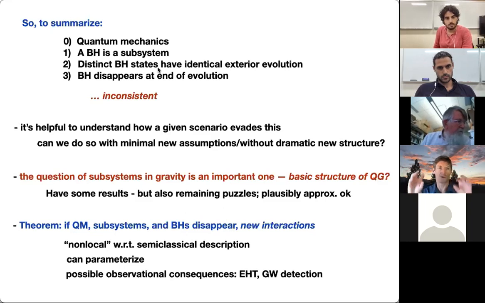There's this notion of black holes being subsystems of a bigger system, distinct black hole states having identical exterior evolution. And finally, we explore the possibility that the black hole disappears at the end of evolution. So the black hole subsystem is no longer there. And that's associated with what you just said, but let's just say we try to parameterize that happening, okay? And if that happens, we have non-unitary evolution.